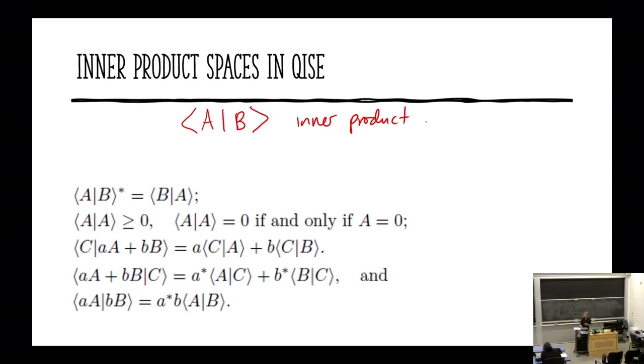So we have the inner product of A and B. And the vector space defined by this inner product, we call an inner product space.